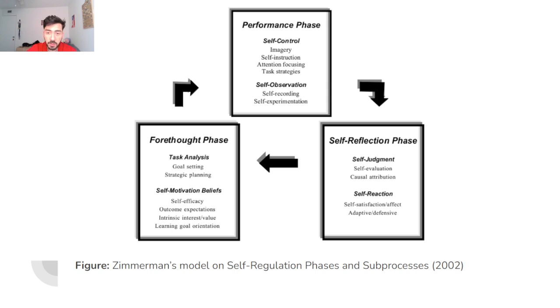The self-reflection phase is after the performance process, after they learn, which includes self-evaluation, self-judgments, and self-reactions, pretty much a reaction after the learning process to what they learned and how they learned it. And taking this feedback from the self-reflection phase, they can reapply it next time, for next lessons or whatever they learn next, to another forethought phase, and that's how the cycle continues.